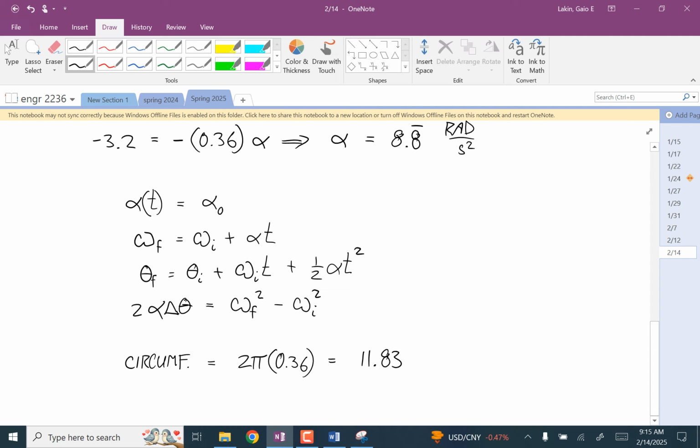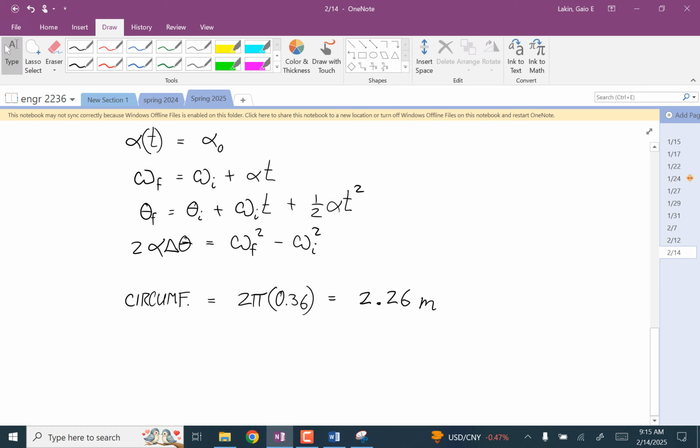Oh wait, no, that's not right. Yeah, 2.26. My calculator was pulling wrong numbers. Okay, 2.26 meters. So every 2 pi for a change in the angle gets you 2 pi meters.